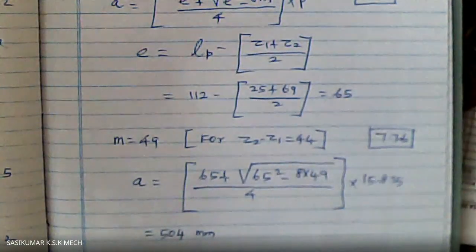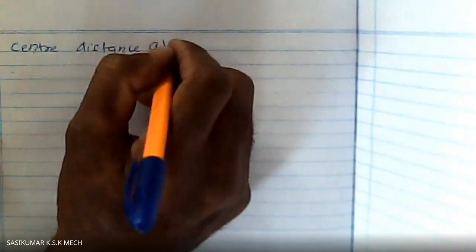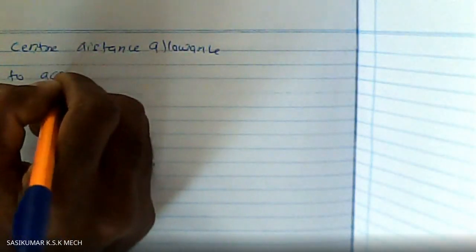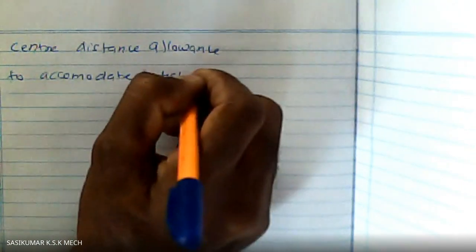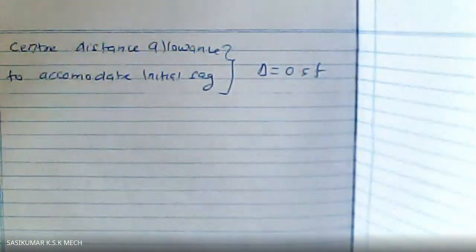That is nothing but the center distance allowance to accommodate initial sag. So that is 0.5 times f.